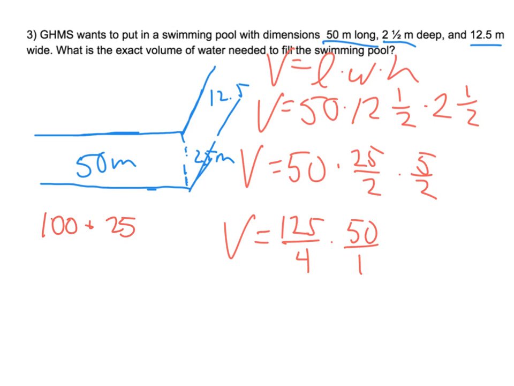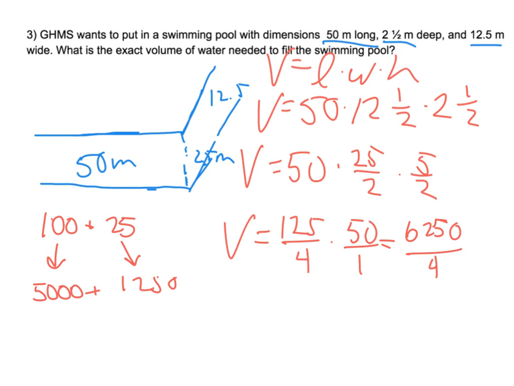So if I need to multiply that by 50, well, then I know that 100 times 50 is 5,000. And I know that 25 times 50 is 1,250. So that should give me, all in all, 6,250. And that will all be over 4.